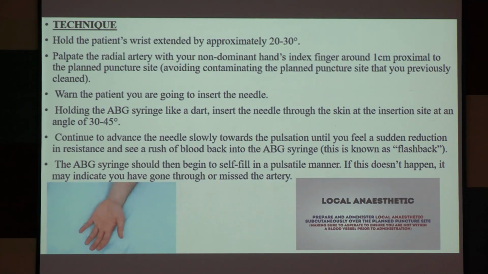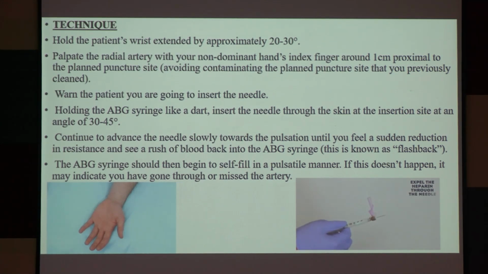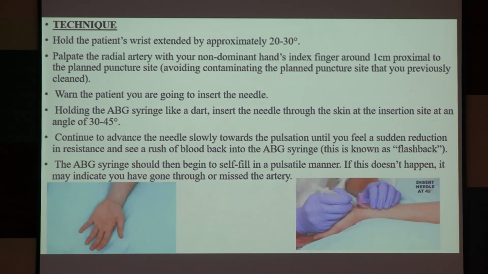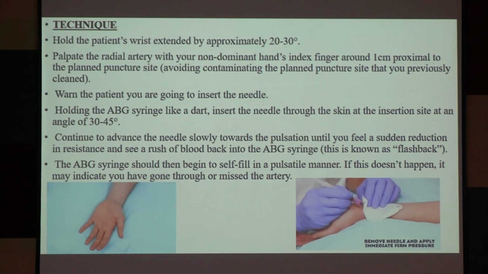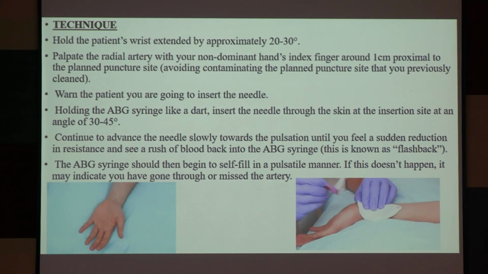Preferably subcutaneously, local anesthesia should be administered, preferably lignocaine. So this is an ABG syringe. Hold it at a 45-degree angle, right? Observe, see here, the blood comes into your syringe automatically in a pulsatile manner. So this is the procedure.